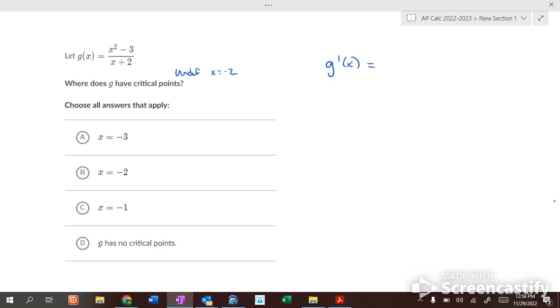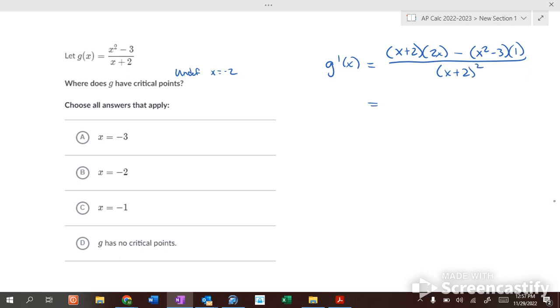Quotient rule. So you take the denominator, x plus 2, times the first derivative of the numerator, which is 2x, minus the numerator, x squared minus 3, times the first derivative of the denominator, which is 1, over the denominator squared.